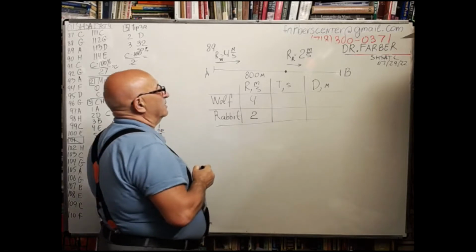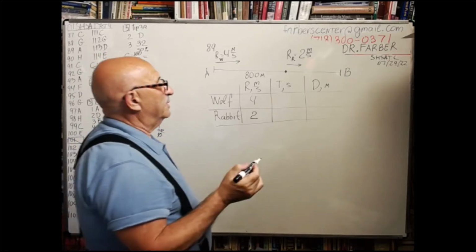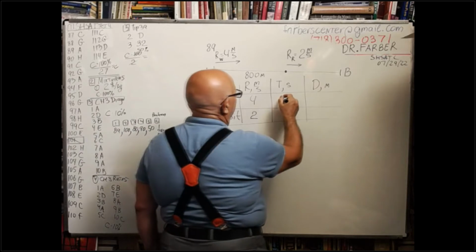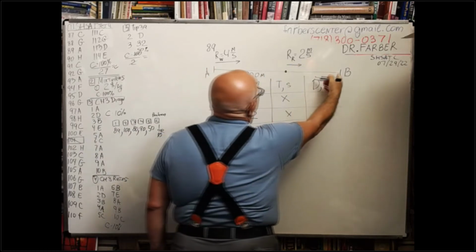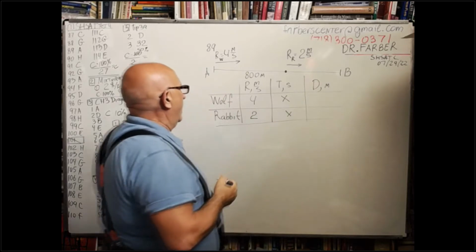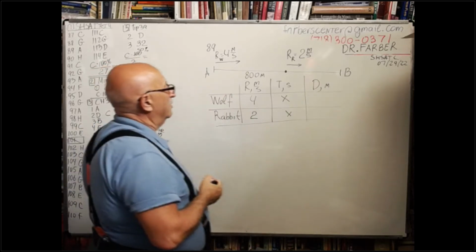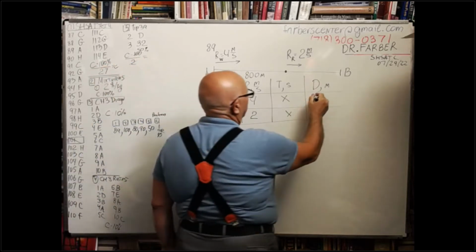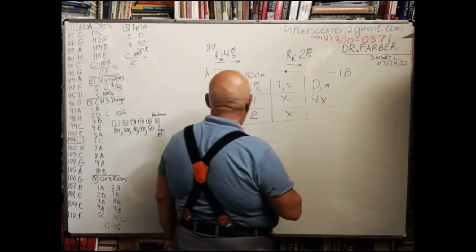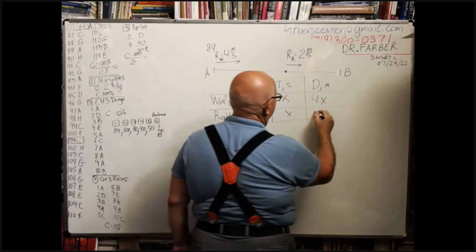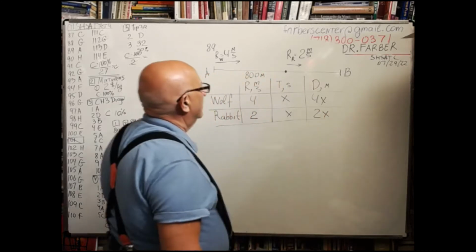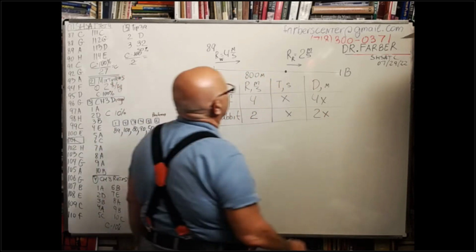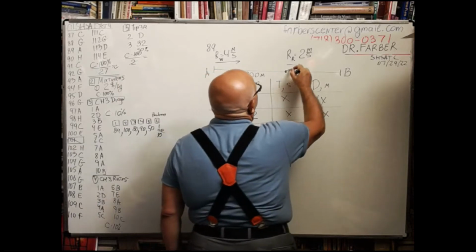And they start running at the same time, so they spend the same amount of time running. The only difference is the difference in distances. The wolf will cover a distance of 4x, and the rabbit will cover 2x. What is 2x? 2x is this one.